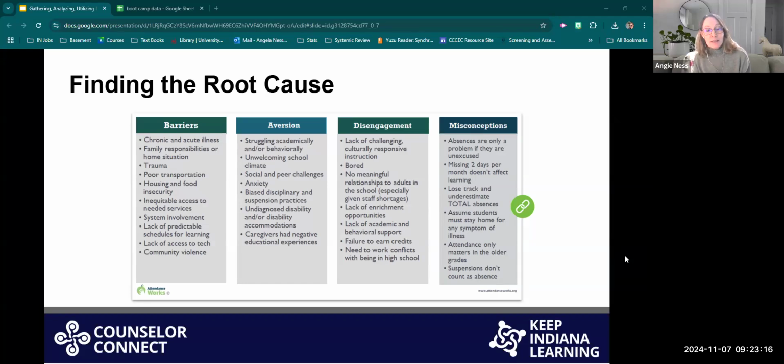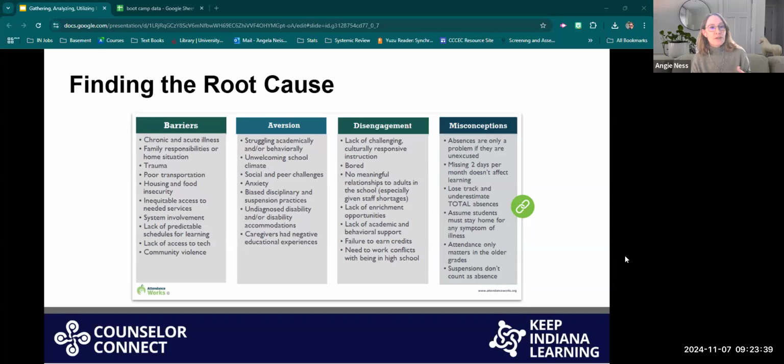And then there are misconceptions: it doesn't matter if my kindergartner doesn't come to school, he's little, or attendance doesn't really count until you get to high school, or I have to stay home no matter what's wrong with me. If I'm sniffling, I just need to stay home. Or not even considering how suspensions tie into attendance.